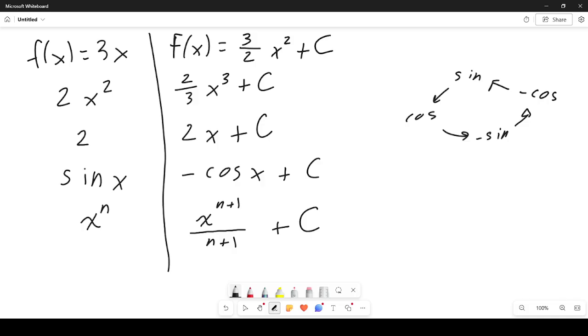Okay? So let's do a few examples there. Notice it says n greater than or equal to 0. We'll talk about why that is in a little bit.